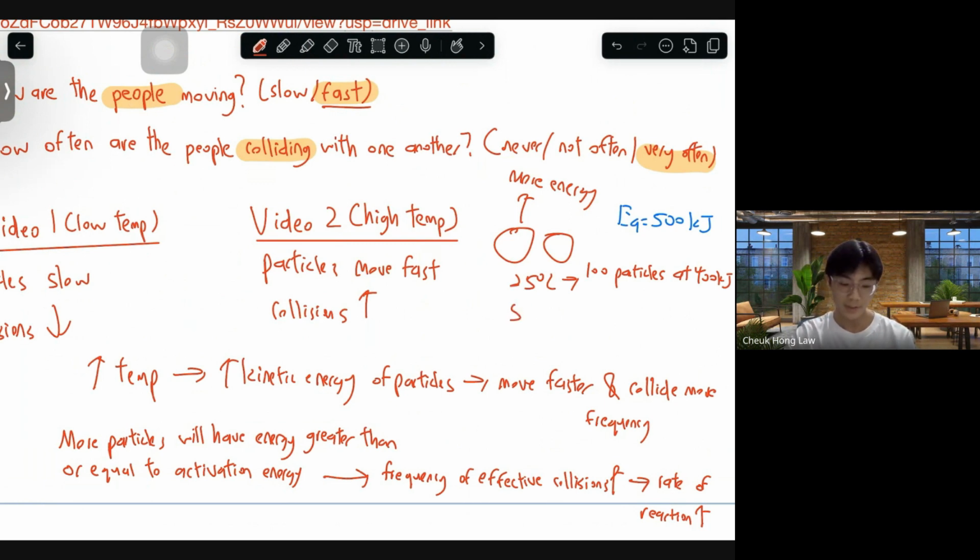But when I increase the temperature to, let's say, 50 degrees, these same 100 particles now collide at 600 kilojoules. Before that, these collisions were ineffective. Remember, ineffective collisions never meet the activation energy. But now, after the temperature increase, more particles meet the activation energy. And if more particles meet the activation energy, it's the same thing as saying there are more effective collisions.